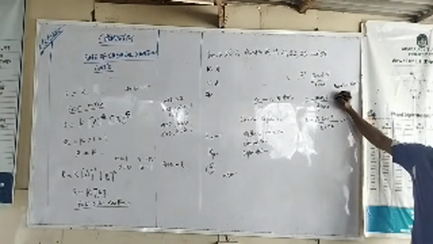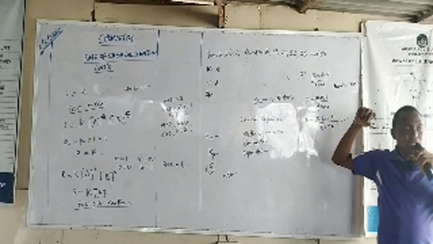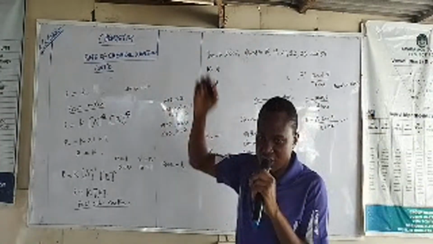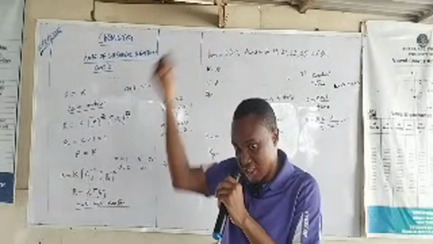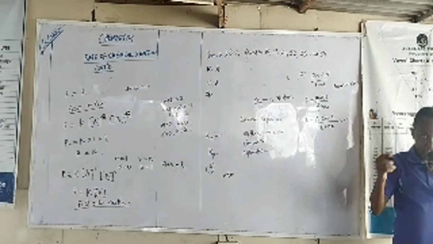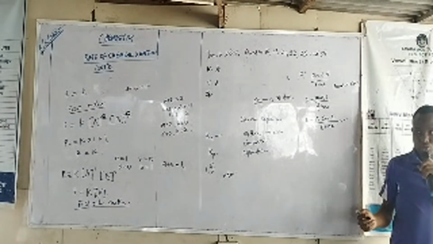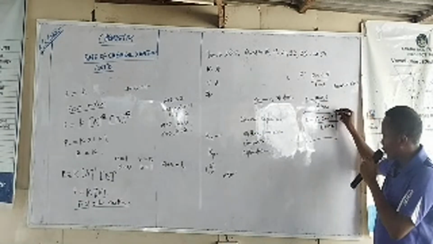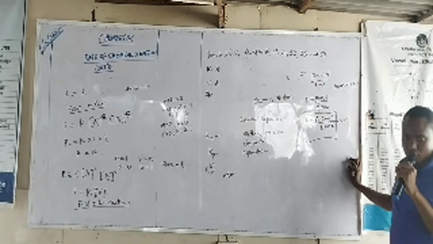If we are talking about a complete process where we have an initial mass and the reaction goes to completion, the change in mass will be equal to the initial mass, because the final mass is zero. So using concentration is the best way to calculate the rate of a chemical reaction.